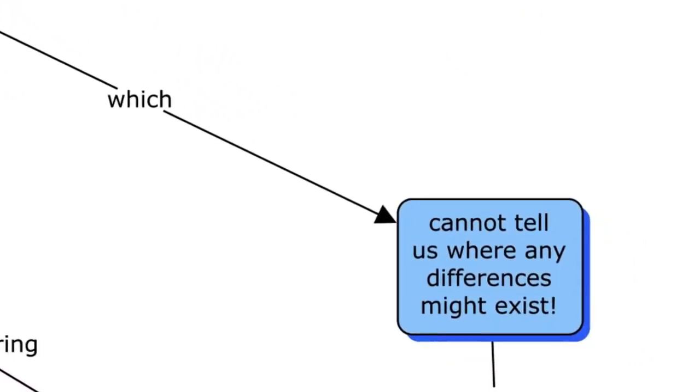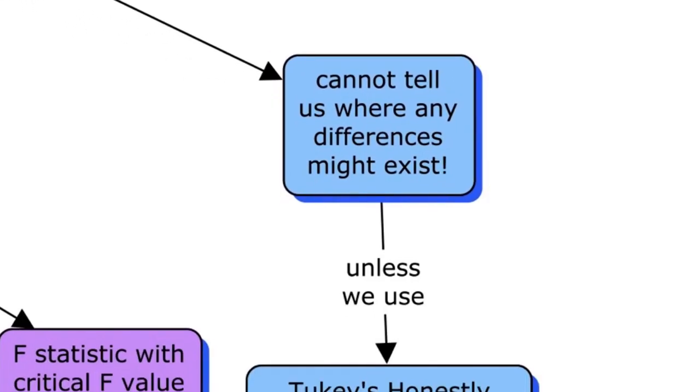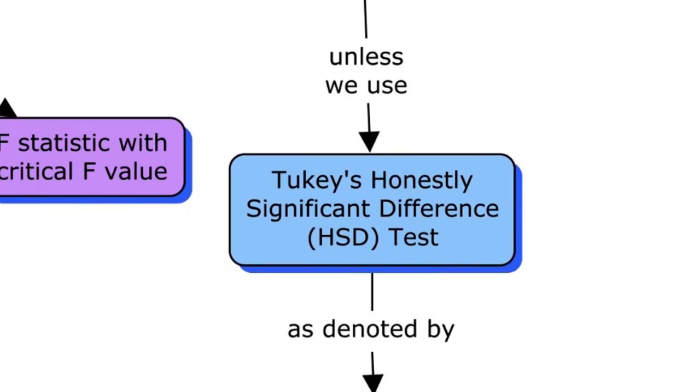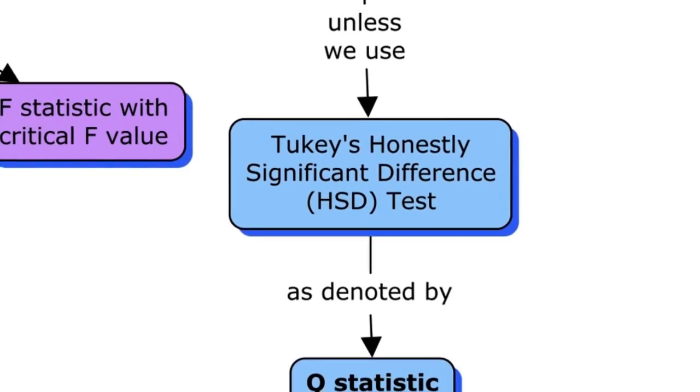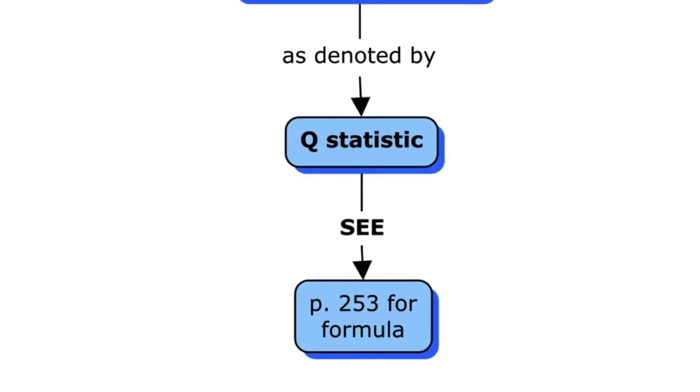Here's the thing. We cannot tell where any of the differences might exist, but we can if we use another test, and that test is called Tukey's Honestly Significant Difference Test, or HSD. And this requires another test statistic called the Q statistic. And at this point, I'm going to pause.